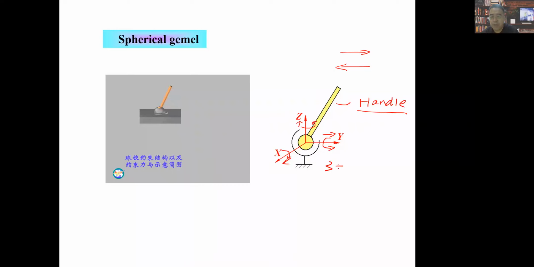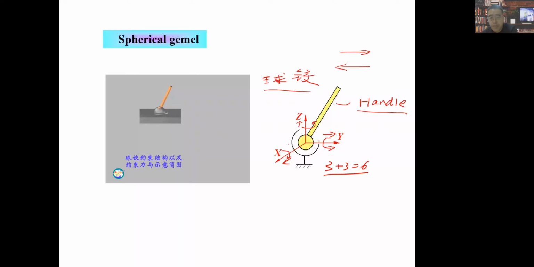So 3 plus 3 means 6 freedoms. A free body in space has 6 kinds of capable movement. But this handle, in Chinese, we call 球脚, 球 like a ball, basketball, football, volleyball, right? Like a ball, 球脚.